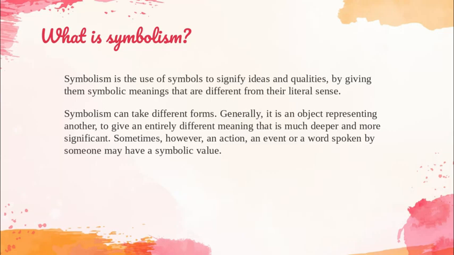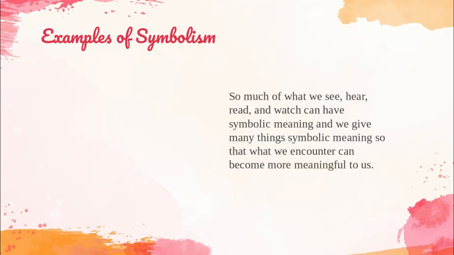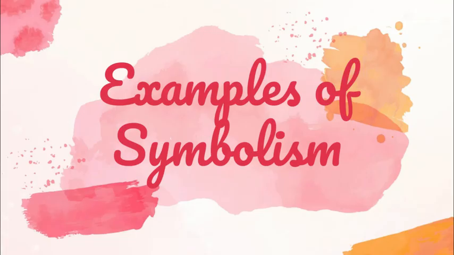So, actions, what we do, what we say, what we read, what we encounter, everything has symbolism. So, much of what we see, hear, read, and watch can have symbolic meaning, and we give many things symbolic meaning so that what we encounter can become more meaningful to us.